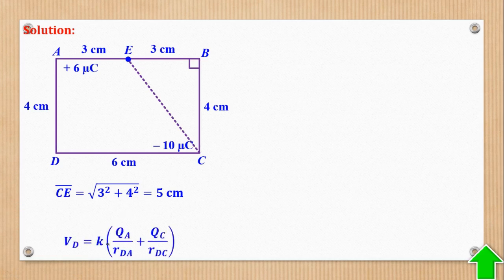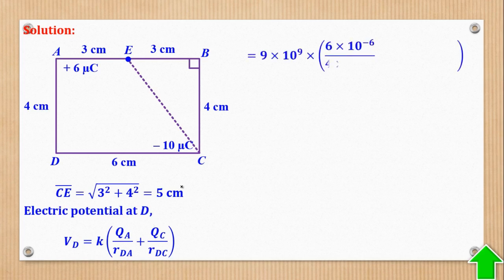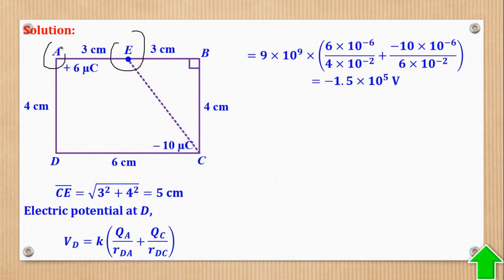Therefore, electric potential at D will be due to this charge, which is here, and also due to this charge, which is here. Then we can substitute and get the potential at that point. Then also electric potential at E, it is due to this charge and also due to this charge.